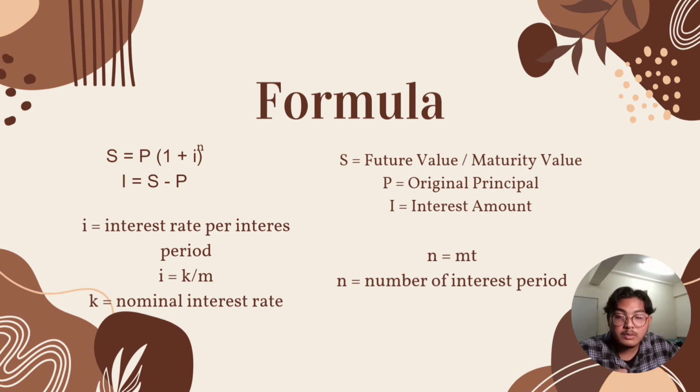The formula we will use is S equals P(1 plus i) to the power of n, and I equals S minus P, where i stands for the interest rate per interest period, i equals k over m. K is the nominal interest rate, S is the future value or maturity value, P is the original principal, I is the interest amount, and n equals m times t, the number of interest periods.